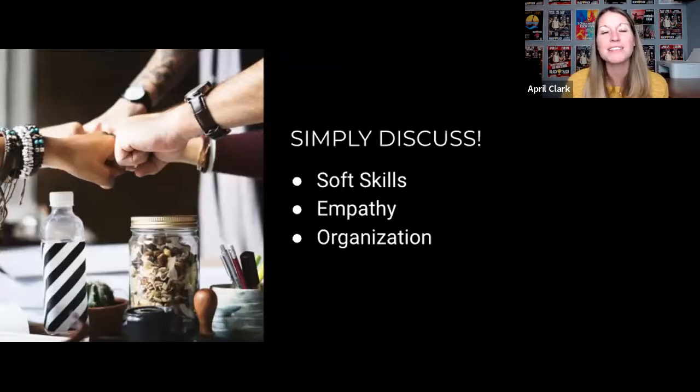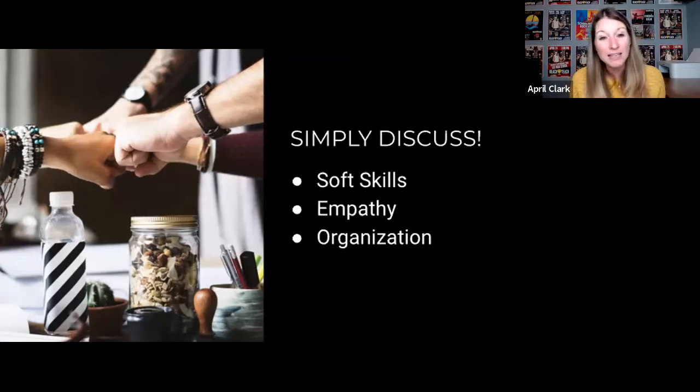So talking about things like soft skills, some people are naturally good at communicating. Some people are naturally good at listening. Those soft skills of problem solving and working together as a team, being able to communicate well, all of those things are talents and skills that students possess.